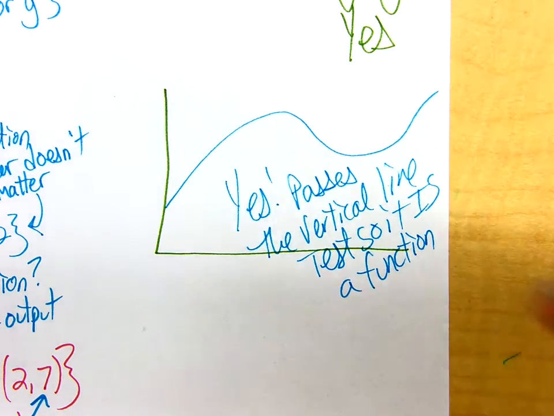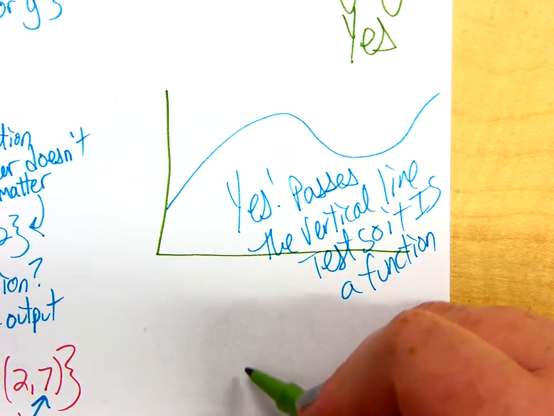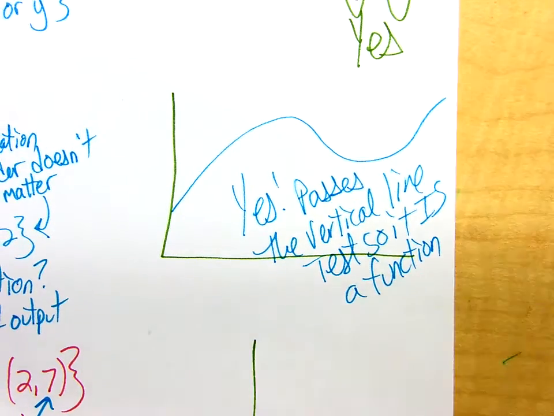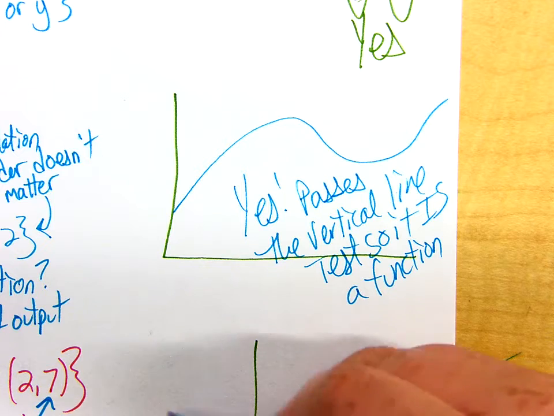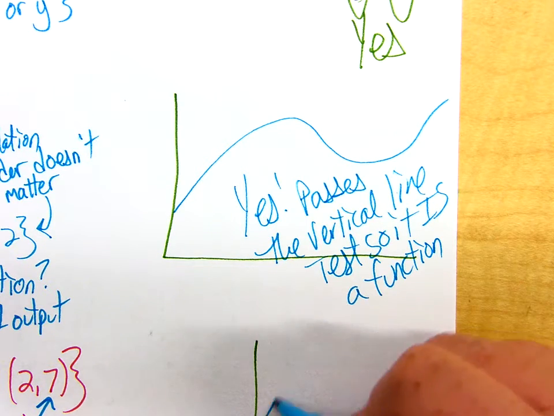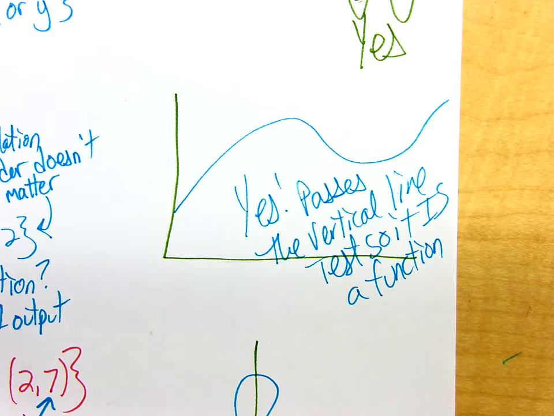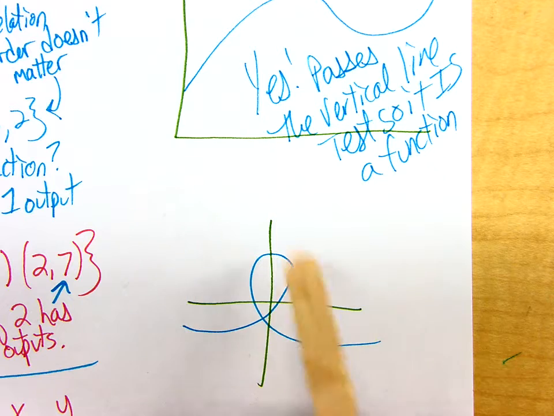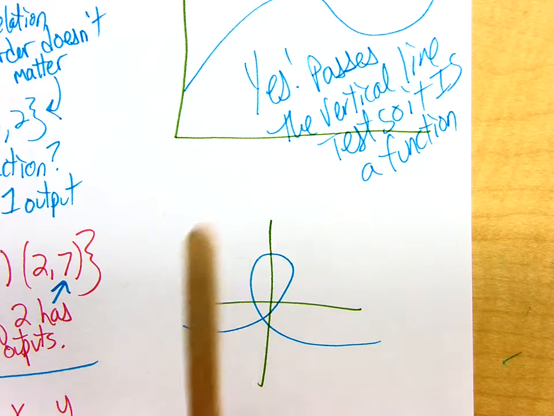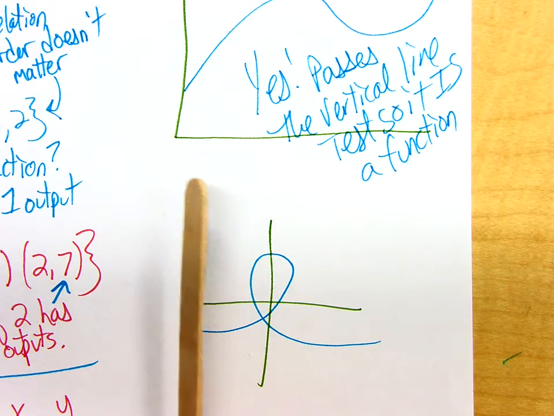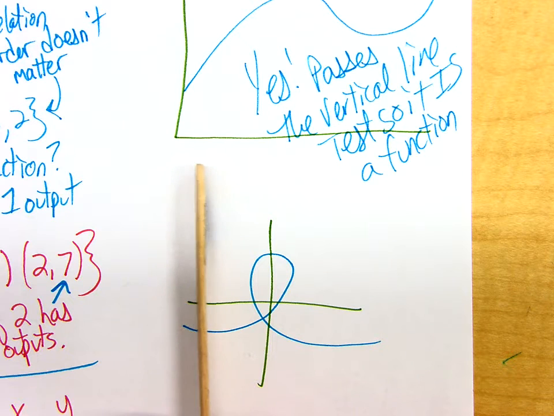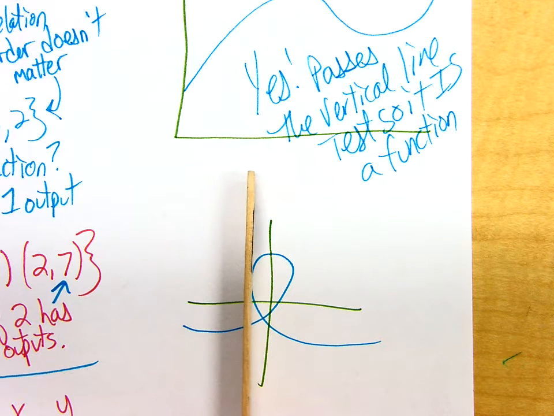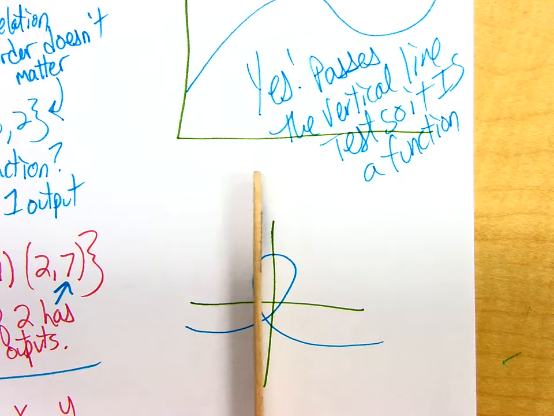Something that would not pass the vertical line test might look something like, say we did a little loop-de-loo here. So if I'm looking at my blue graph, the axes don't count for anything. It's the blue graph. So imagine the green lines weren't even there. But as I move my vertical line along this, see right here, ding, ding, ding?